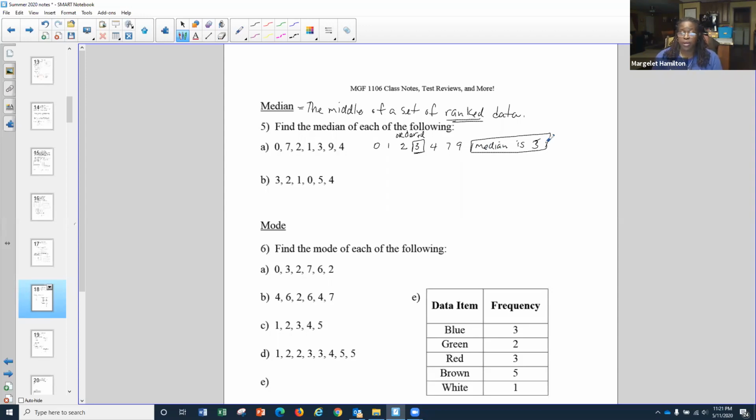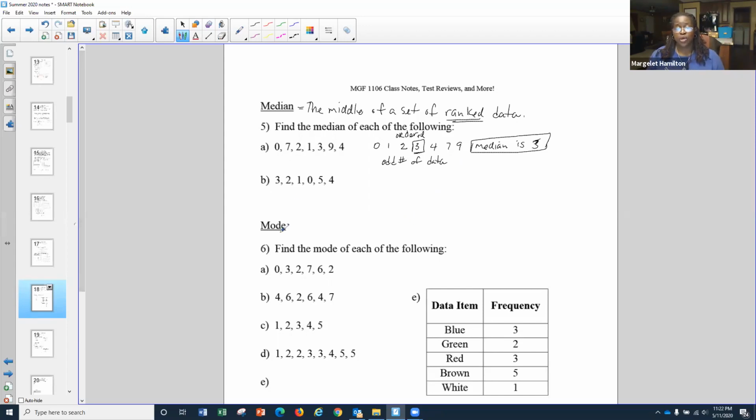All right. So our median is 3. It's really easy when you have an odd number, right? So we have an odd number of data. That's really nice.